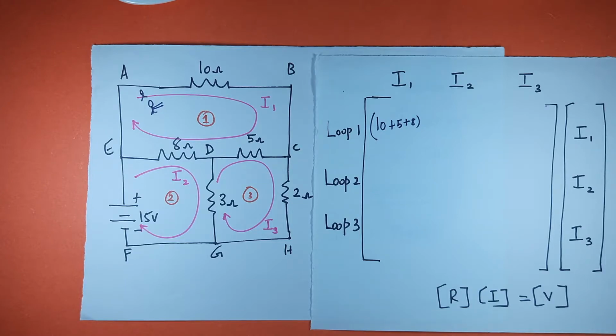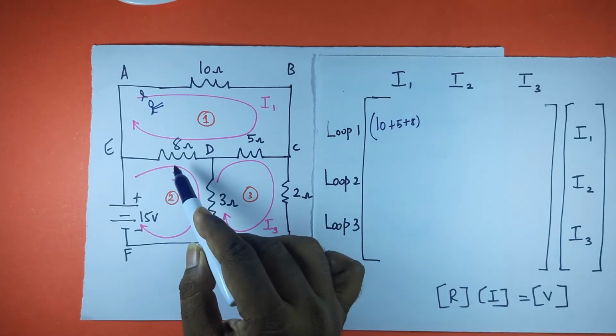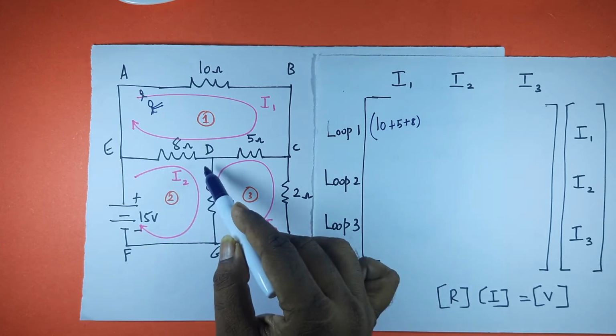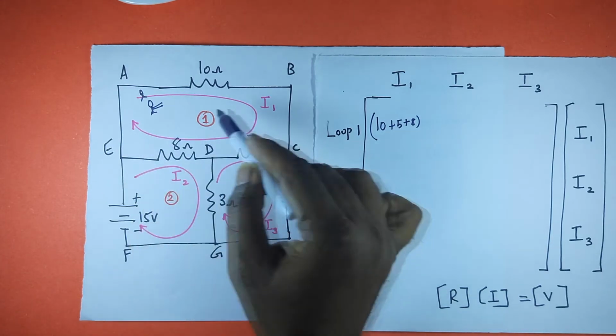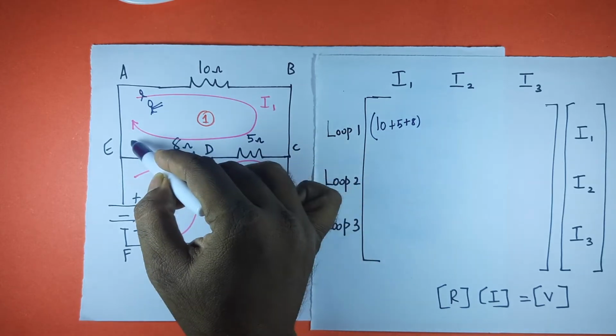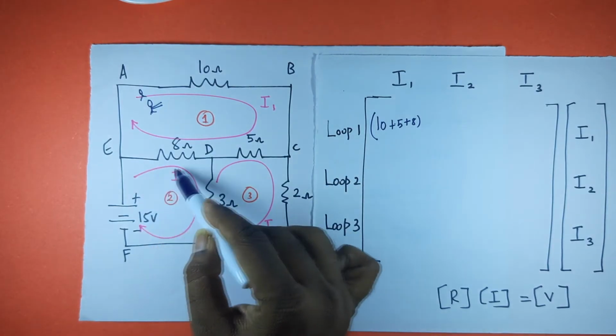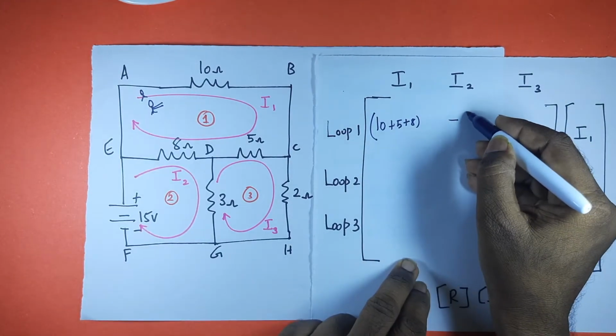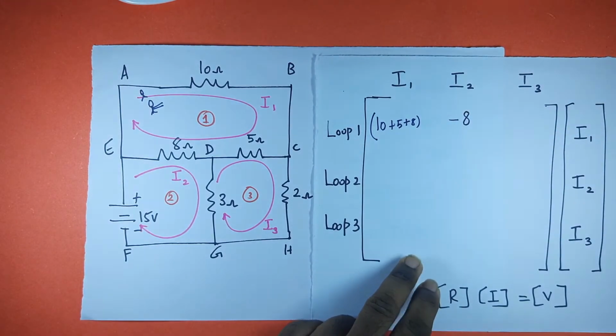You are just seeing whether any current I2 flows through loop 1. Yes, through this 8 ohm, I2 is flowing, but it is flowing in the opposite direction. See, I1 is flowing in this direction, I2 is flowing in the opposite direction. So under I2, you put minus 8 since it is opposite direction.